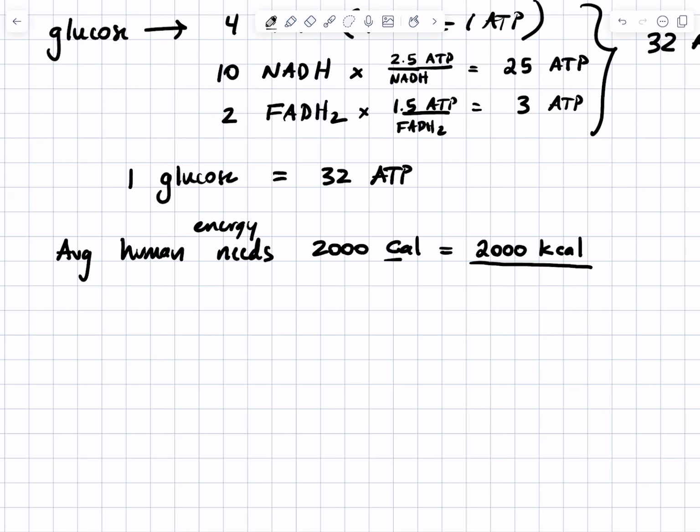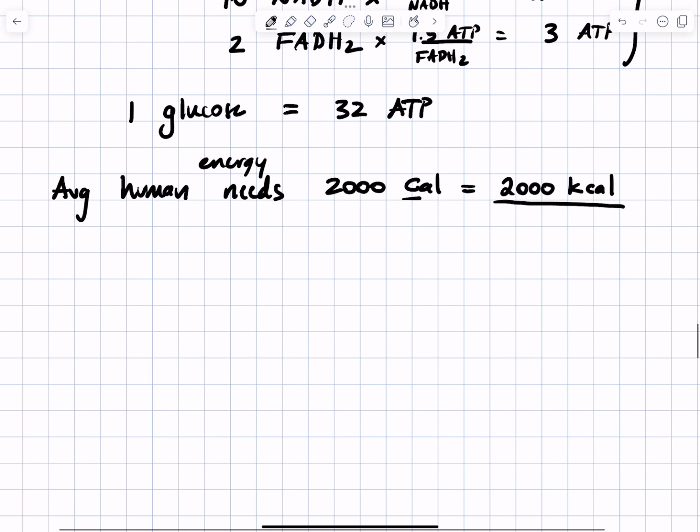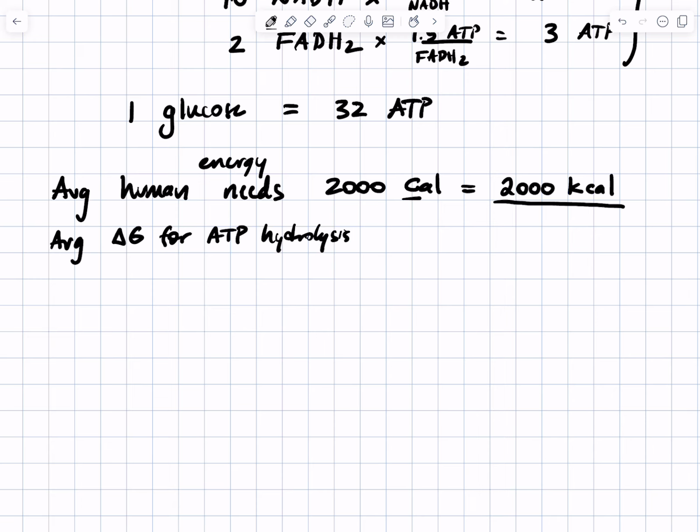And a good rule of thumb for how much ATP is going to drive a reaction forward is just to estimate the average change in free energy for ATP hydrolysis. ATP hydrolysis is basically you take ATP plus water and you get ADP and then phosphate.